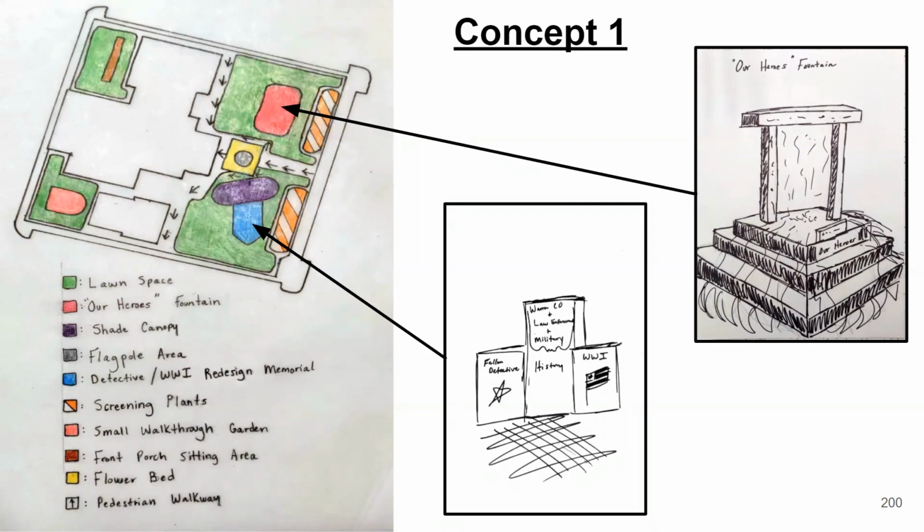So in that party sketch, I decided to repurpose that and take local lumber and put an arbor on top of that foundation. And then at the bottom here, you can see that I redesigned the Fallen Detective Memorial and the World War Memorial.